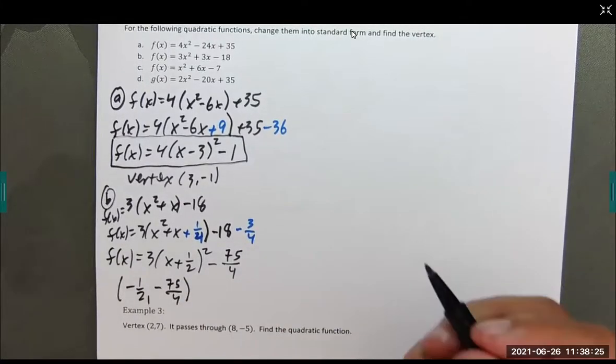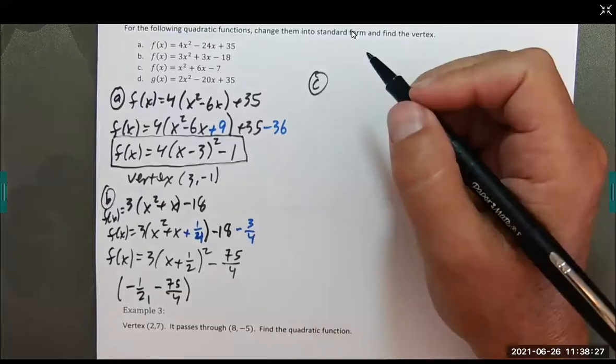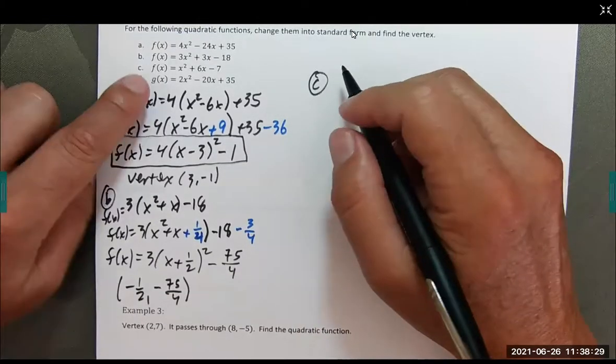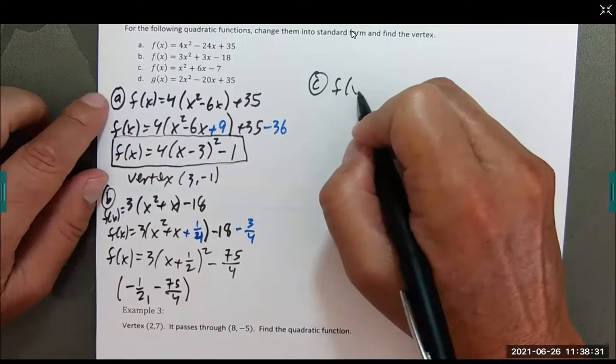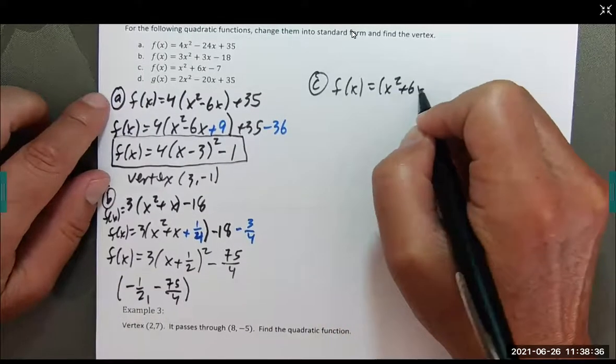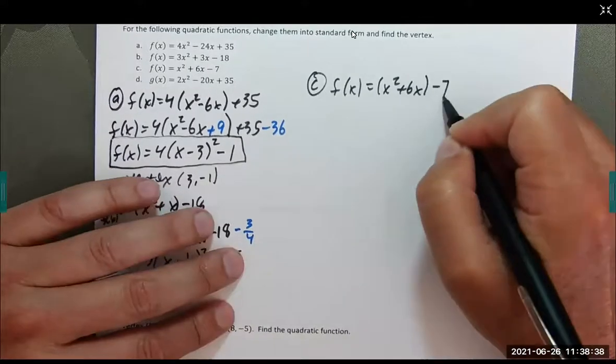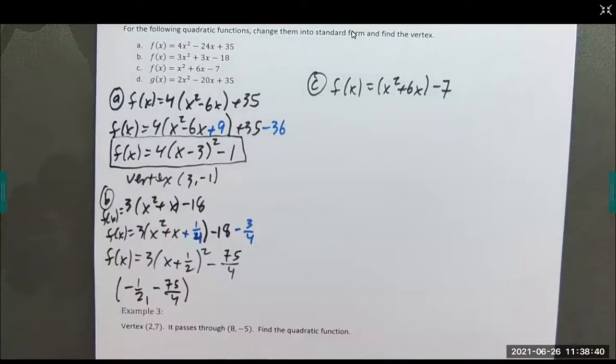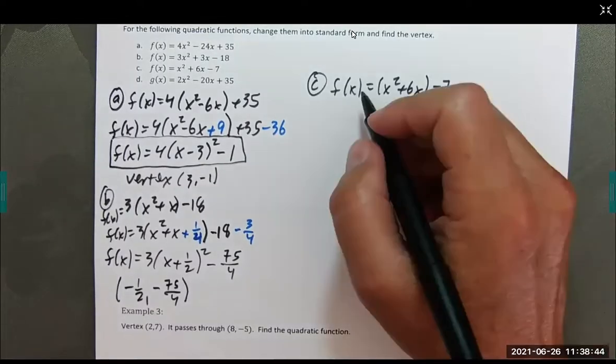All right, let's try part C here. This one, I don't have to factor anything else. So this just becomes f(x) = x squared plus 6x minus 7. And very nicely, that one's even again. So I'll be able to cut that in half, which is a 3, square that, which is a 9.